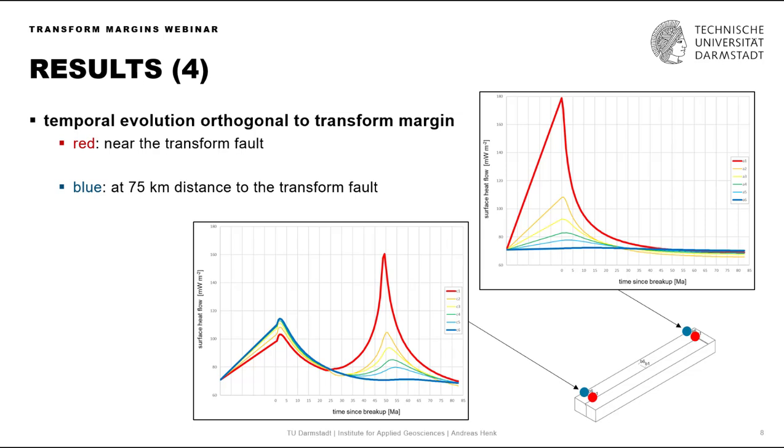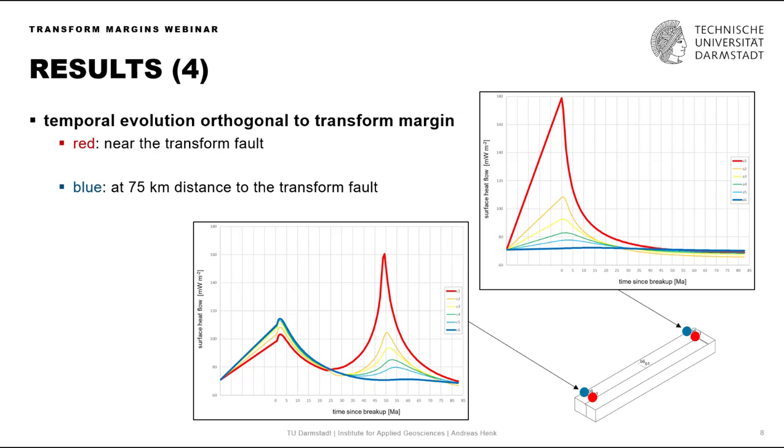The modeling results show that even areas inland of the transform fault are affected by the processes happening at the transform fault itself. They show a similar heat flow pattern, also at reduced absolute values. There is, however, a certain delay in the thermal peak due to the slow conductive heat transport, and this delay increases with increasing orthogonal distance from the transform margin.